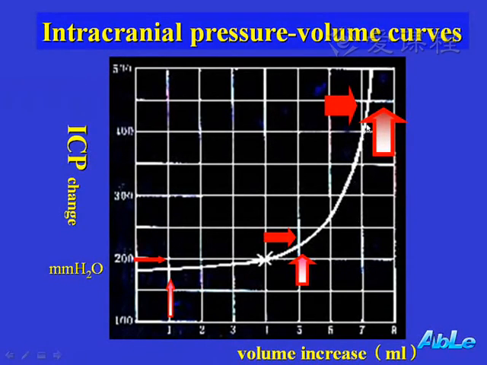But in this area, even a very small increase in volume will lead to a huge, sharp increase of intracranial pressure. In that case, it will cause herniation. We will talk about the crisis of intracranial pressure later. That's herniation.